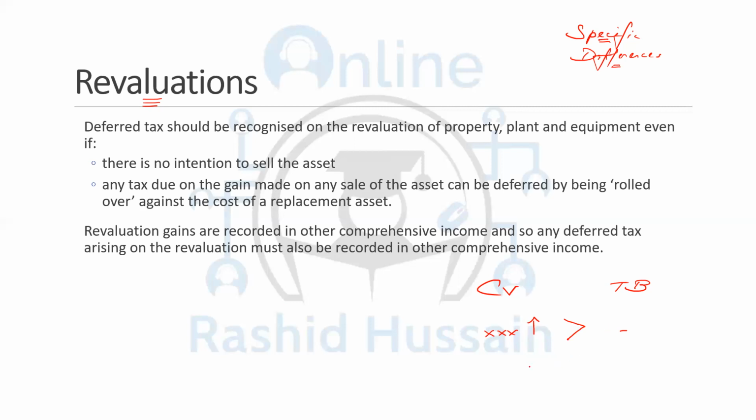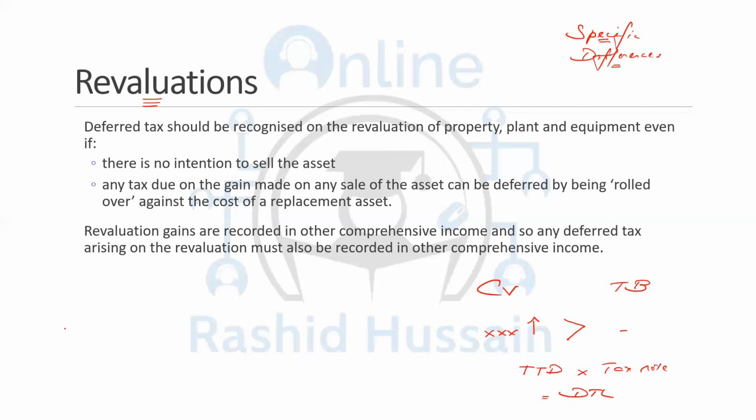And when the carrying value is more than the tax base, this is known as the taxable temporary difference. And when you multiply it by the tax rate, this gives you the deferred tax liability. So we have the deferred tax liability consequence on the revaluation of the property, plant, and equipment.